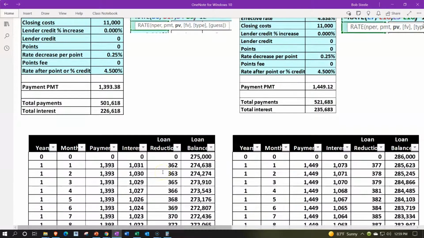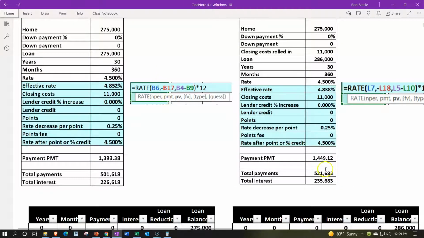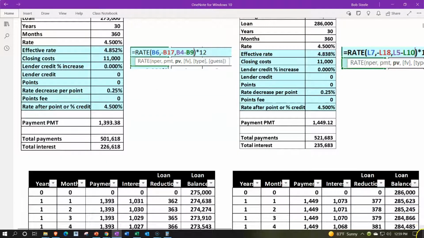So then we could do our kind of analysis down below. We can look at the difference in the amortization tables. Now we have the difference in the table. This time, starting loan balances are different. We have the 275 at the starting balance, which is the loan amount. The second one has an increase in the loan amount this time, this being different than what we have seen with some of our other adjustments like the lender credit, where you don't have the change to the loan amount.